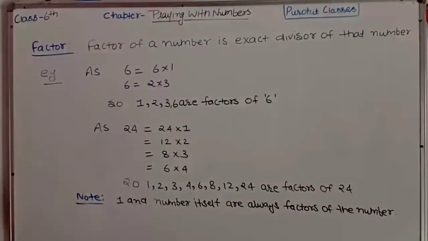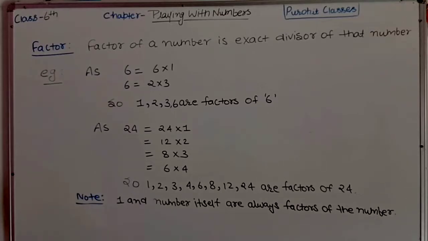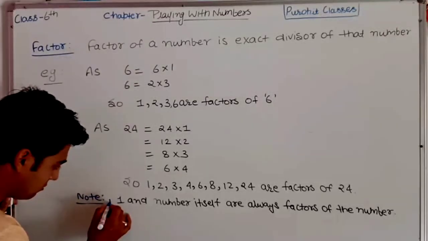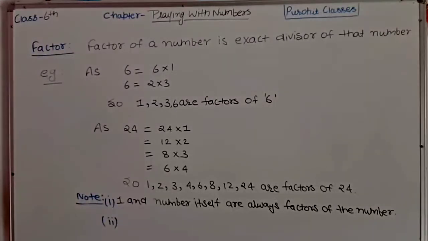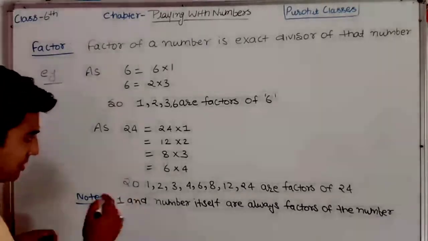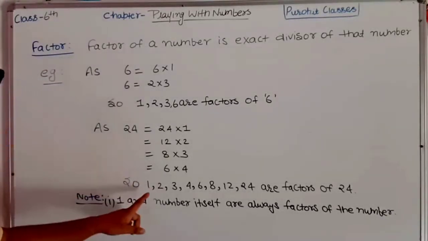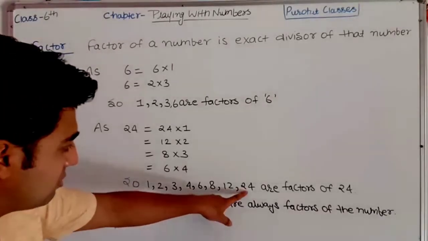Second important point. Second, is it visible? Let me check. Yeah, that is visible. Pay attention here. What are the factors of 24? 1, 2, 3, 4, 6, 8, 12 and 24.